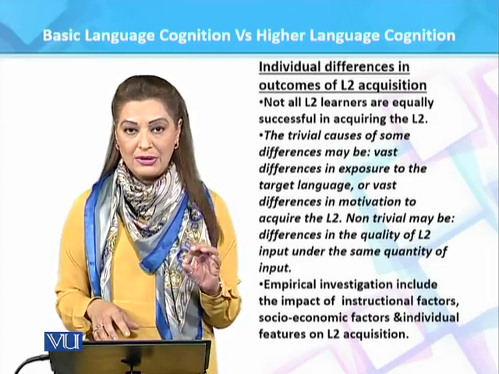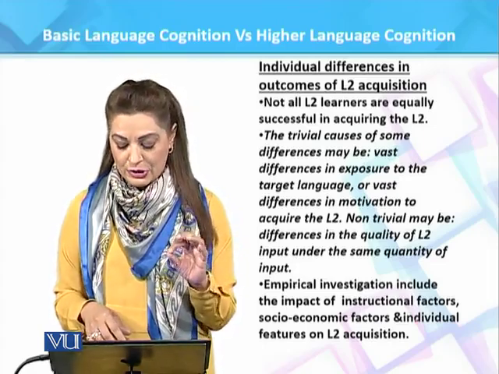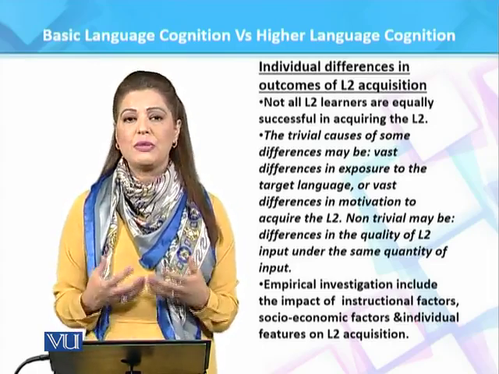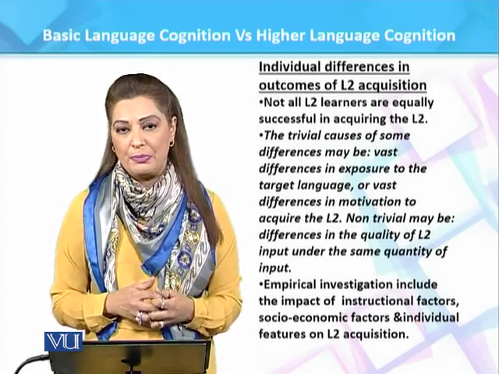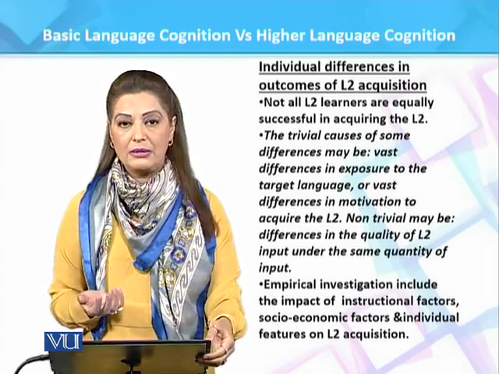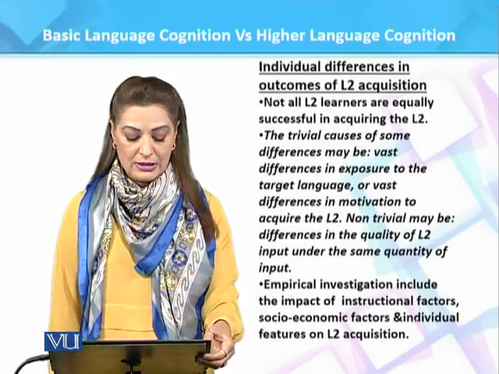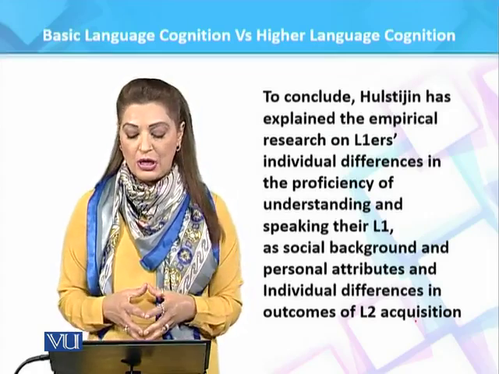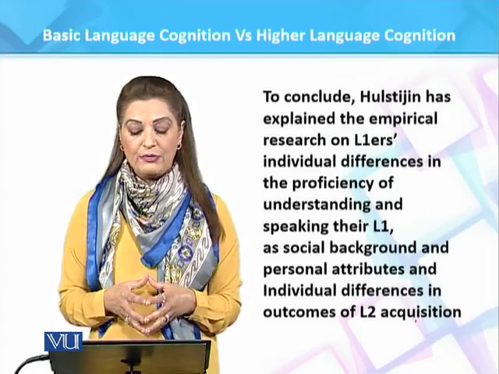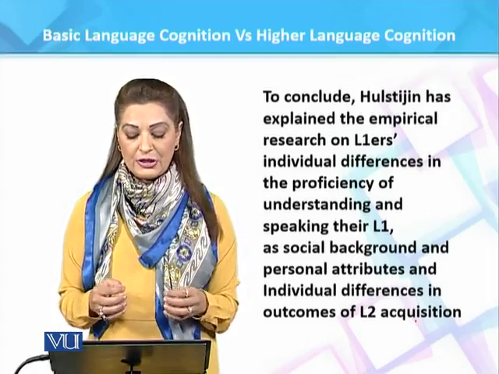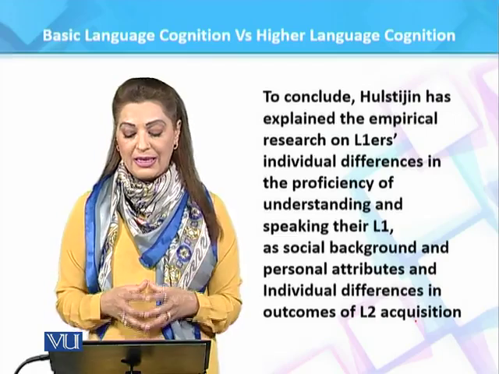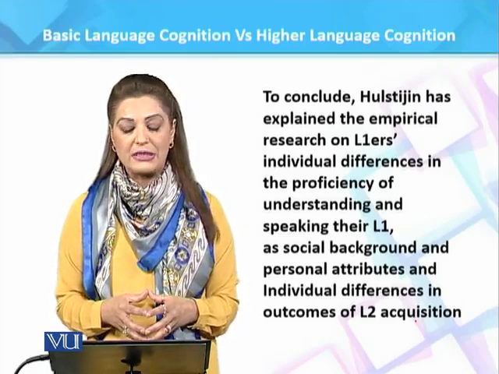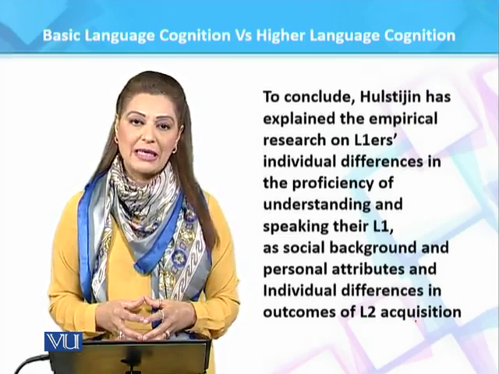So how information is imparted in terms of education, socioeconomic factors, or individual personality traits, they play an important part in determining the differences among L2 learners. To conclude, Hulstein has explained the empirical research on first language learners' individual differences in the proficiency of understanding and speaking their first language, social background and personal attributes, and individual differences in the outcome of second language acquisition.